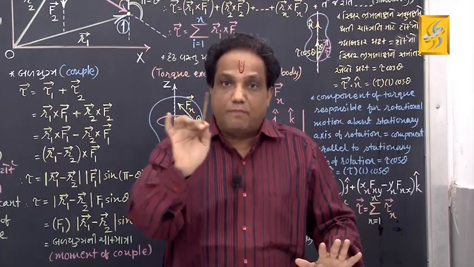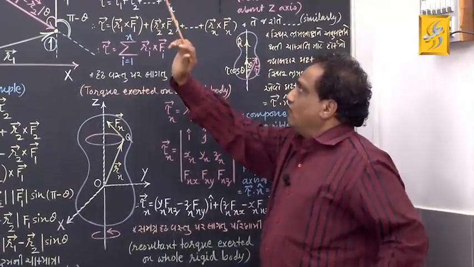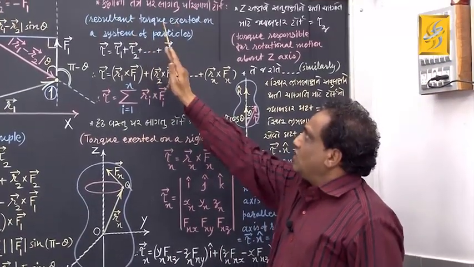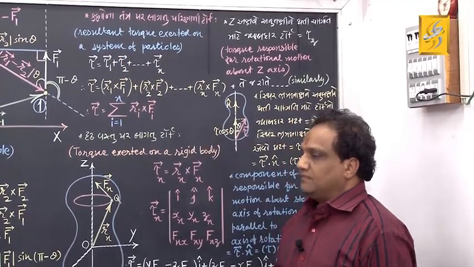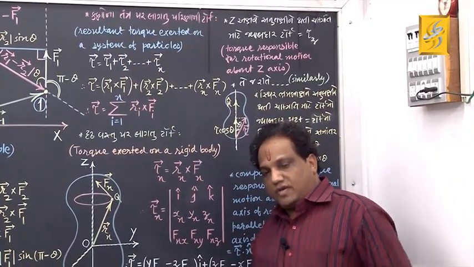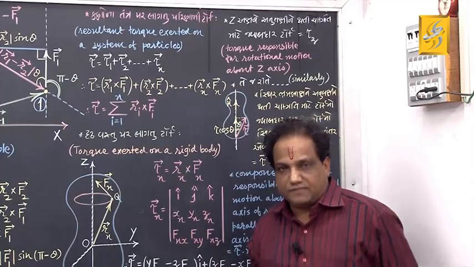There must be some perpendicular distance between the lines of action, then such a pair of forces will constitute what is called a couple. Now we go for resultant torque exerted on a system of particles. What is called resultant torque exerted on a system of particles?